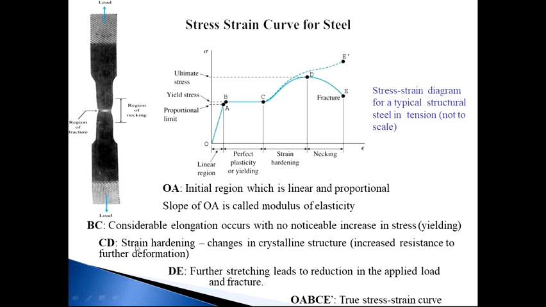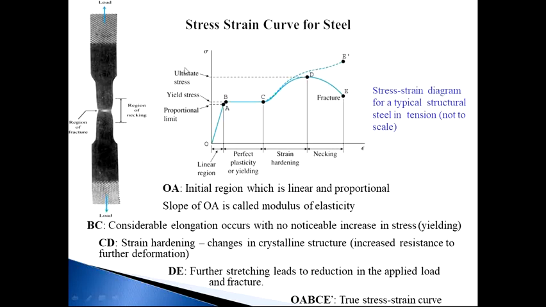Then C to D is strain hardening, means from C to D strain increases and at the same time stress also increases, means length is increased and load carrying capacity is also increased. And D to E is further stretching that leads to reduction in applied load and fracture.